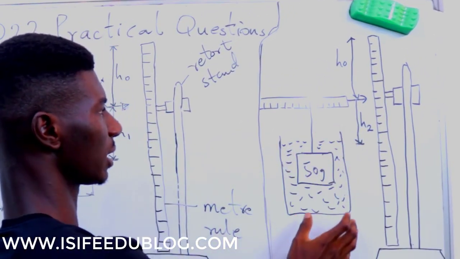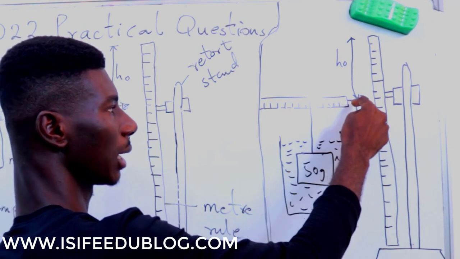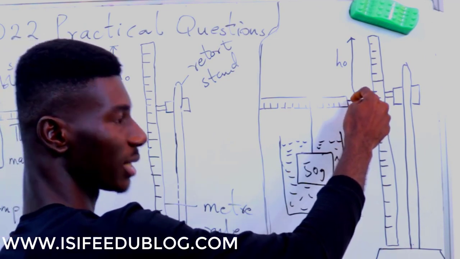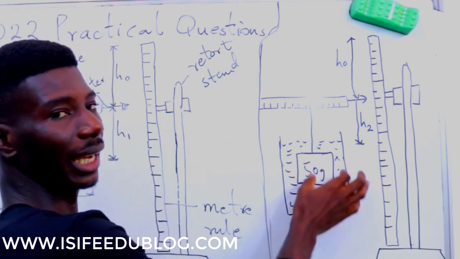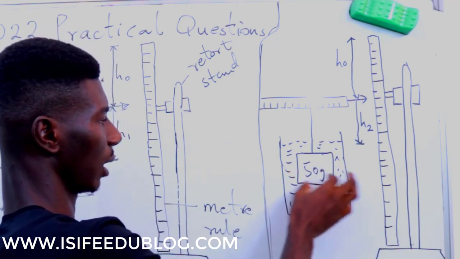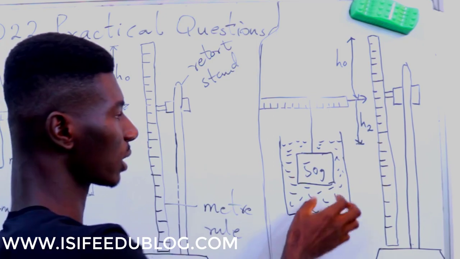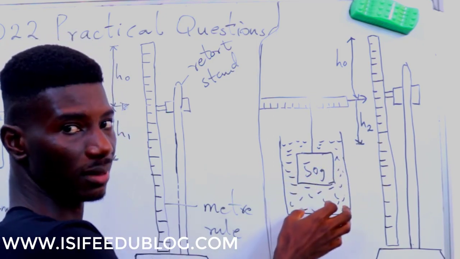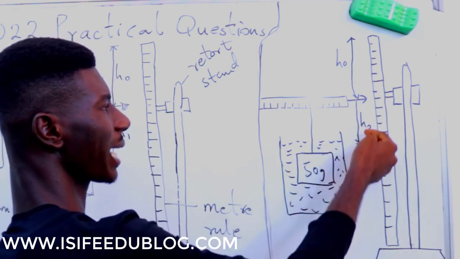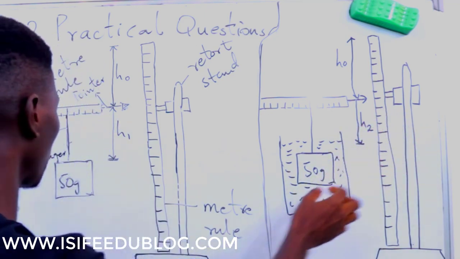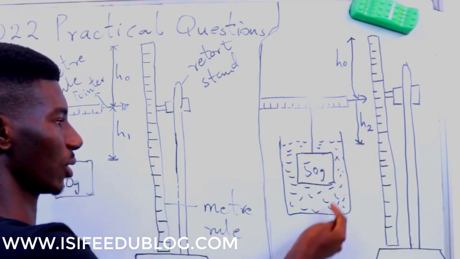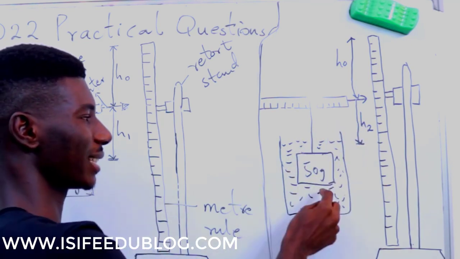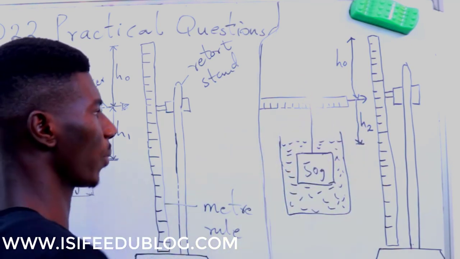Once you put it again, you find out that this pointer will still bend again. Now because of upthrust in this particular water that is affecting the mass, H2 will definitely be smaller than this, because upthrust in water is affecting this mass, so it will be acting upwards.